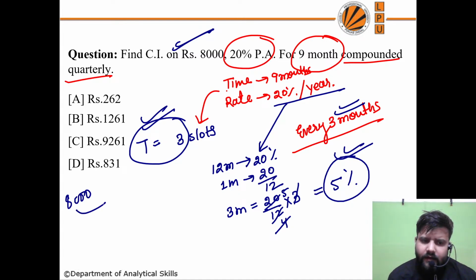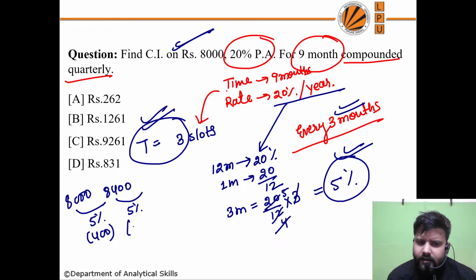8000, 5% of it. 5% of it is 400. Now this will become 8400. Getting it? So now 5% of it. 5% of it is how much? It is 420. If you add 420 into this, it will become 8820. Getting it?